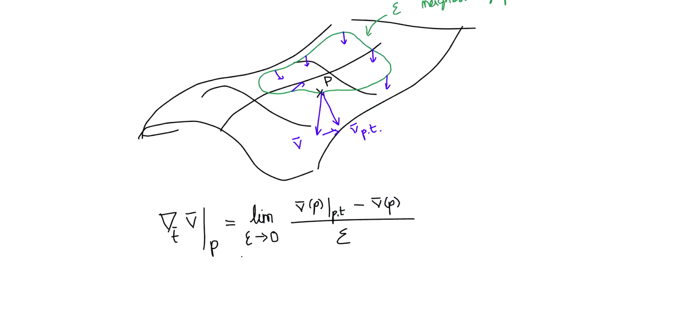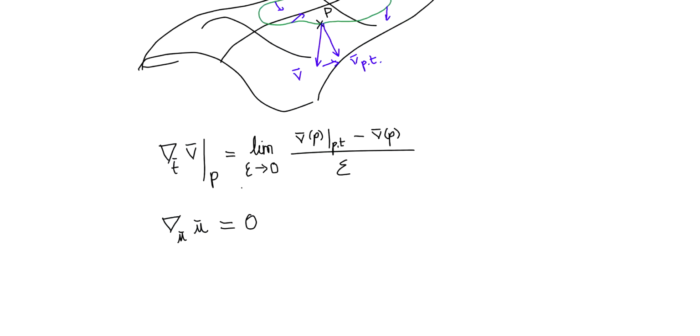If it comes back parallel to itself initially, then we can write our local definition of the geodesic, which is the covariant derivative in the u direction equal to 0. This is the local definition of geodesic.